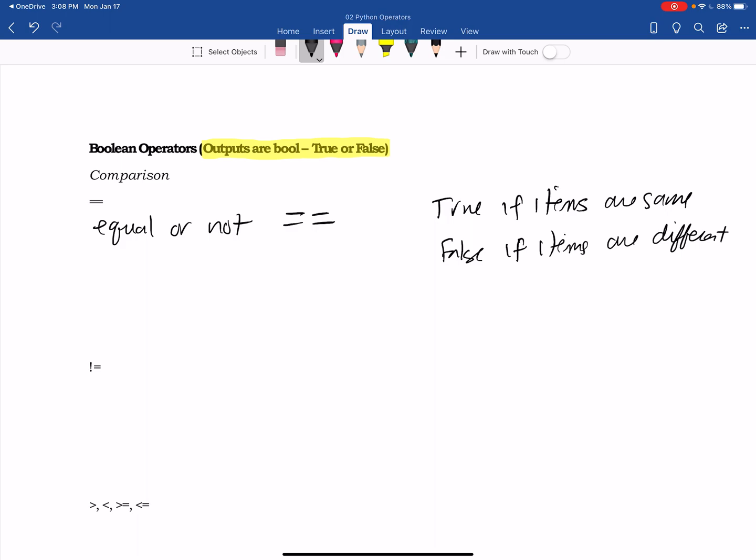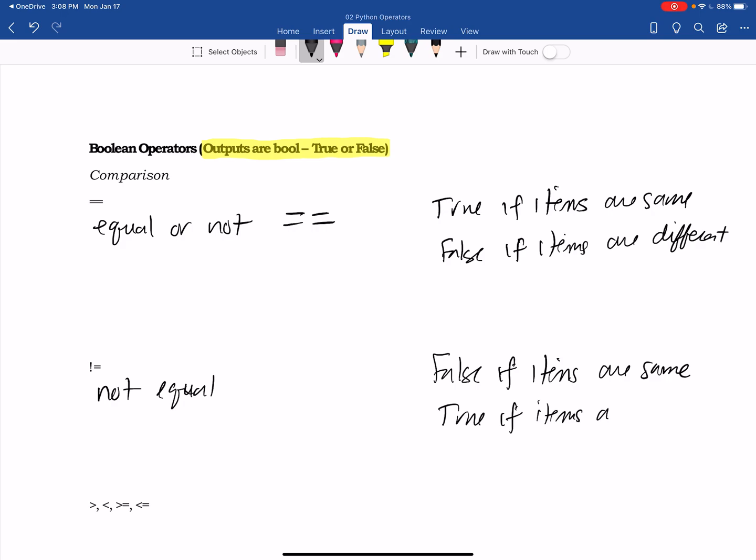This second operator with the exclamation point in front of the equals is not equal. So it's the opposite of that last operator we just had. It will do exactly the opposite of before. It will give to you a false if the items are the same, and a true if the items are different.